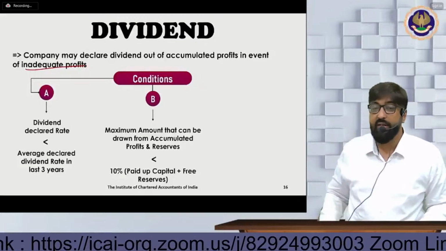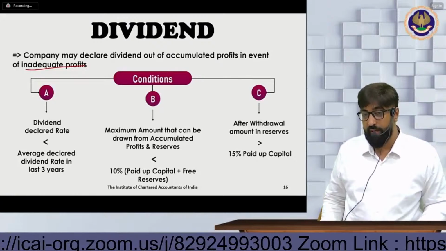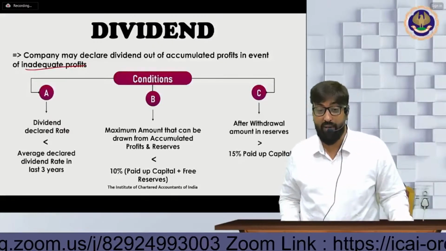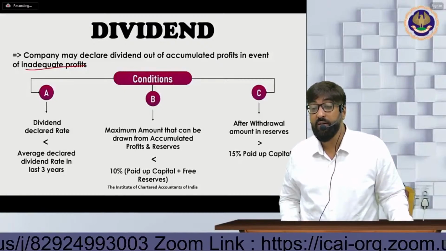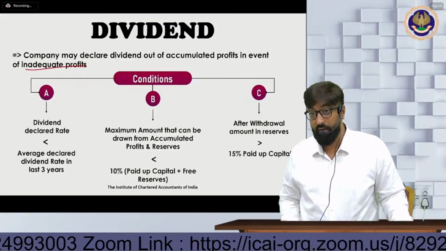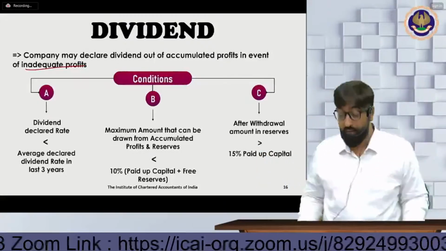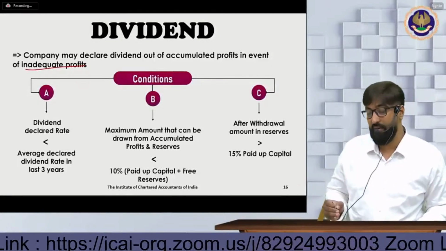And the last condition: after withdrawal, the amount in reserves must be greater than 15% of the paid up capital. After withdrawal, what is the balance left in the reserves? It must be greater than 15%.